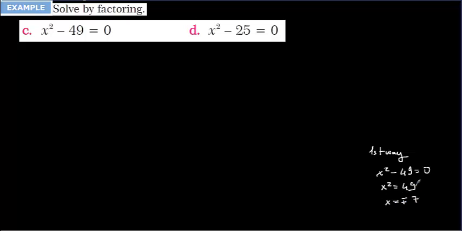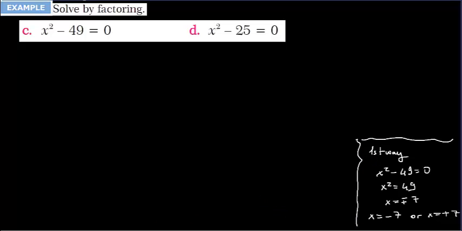The root of 49 is 7, and which numbers give 49 for us? Minus 7 and 7. That's why x is equal to minus 7 or x is equal to plus 7. This was the solution of the first question. We solved it in the previous lesson like that.